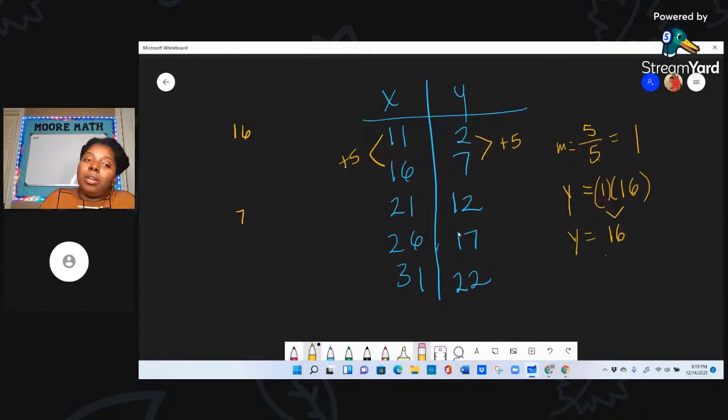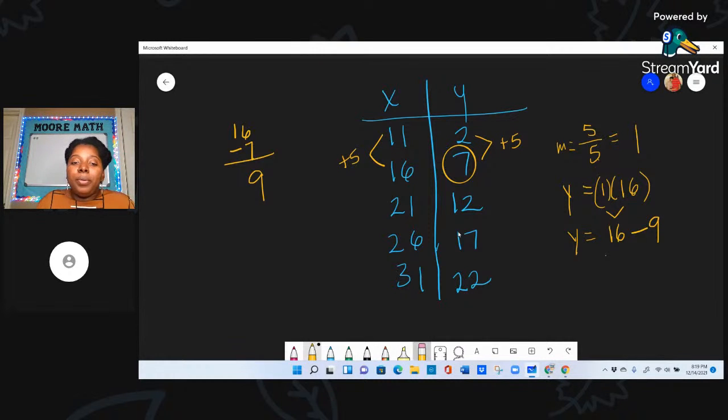So we need to take these two and subtract it. So what's 16 minus 7? 9. Okay. So we subtracted 9 to get 7. You see that? Yeah.